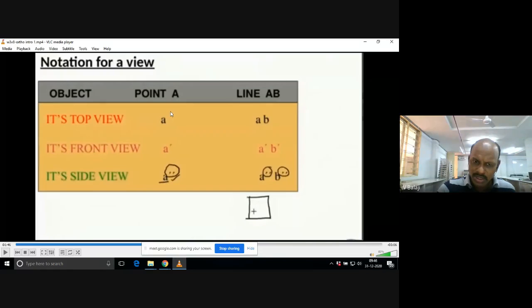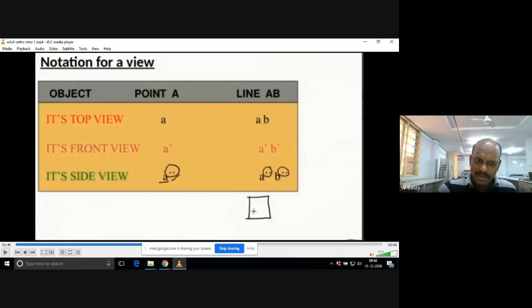If you take a line segment, it has a small length but no width, no thickness. So it is a one-dimensional element, line AB, having only length. But a point has no dimensions. So on the drawing sheet, I will put a small dot, a small point.